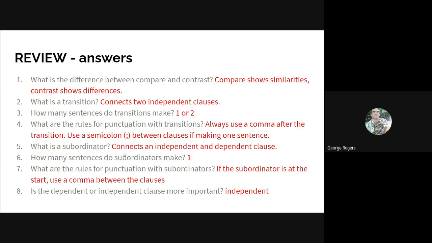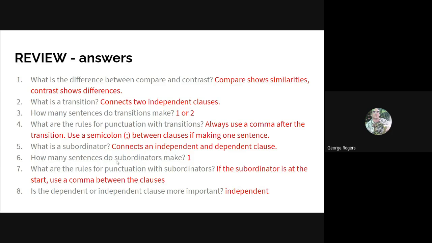What is a subordinator? It connects an independent and a dependent clause. Many times information is missing from the dependent clause that's in the independent clause. And that's what makes the independent one more important, with more of the direct information.